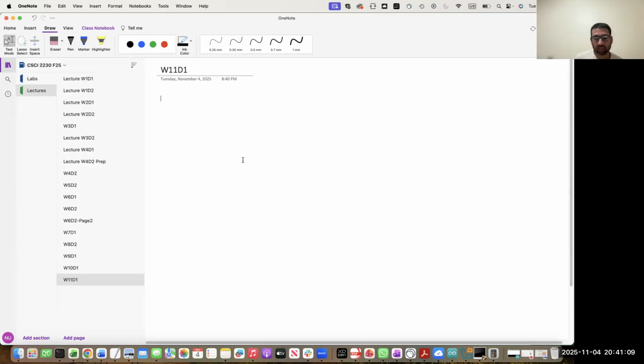So register indirect addressing mode is where you use a register to hold the address of a memory location, right? So let's say this is your memory, and you have a register in which you place the address of a location.